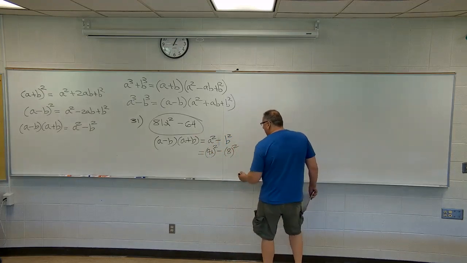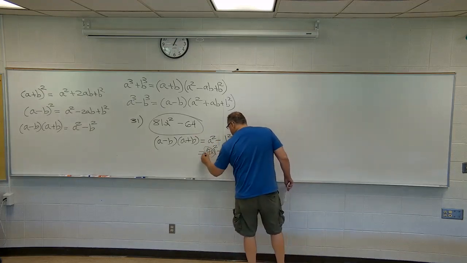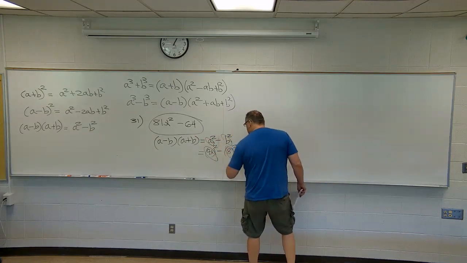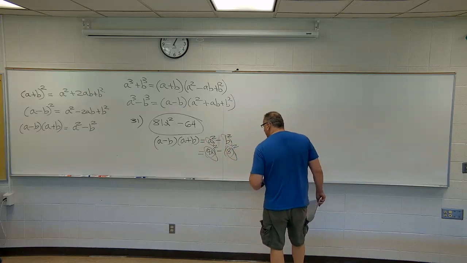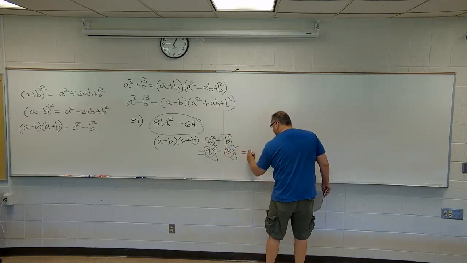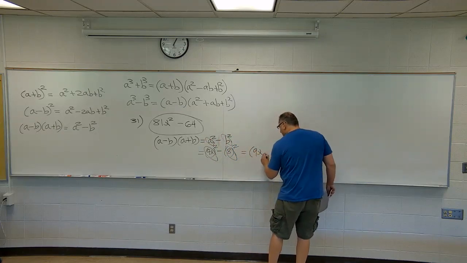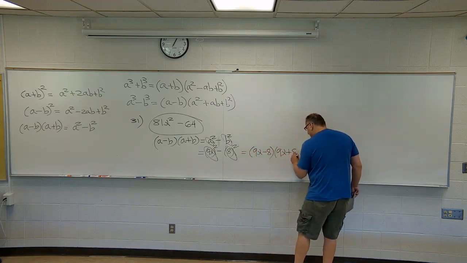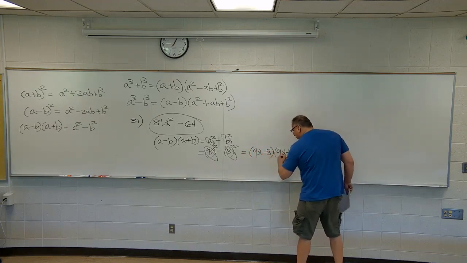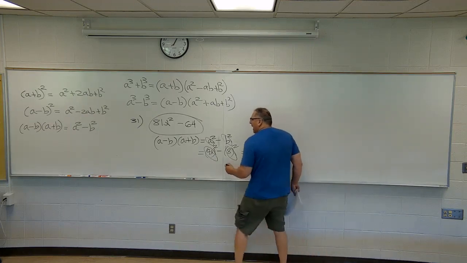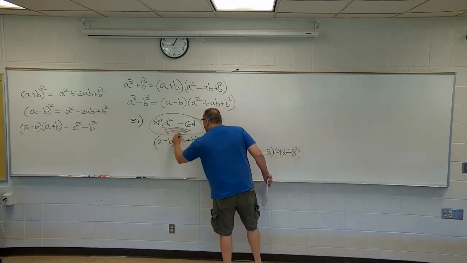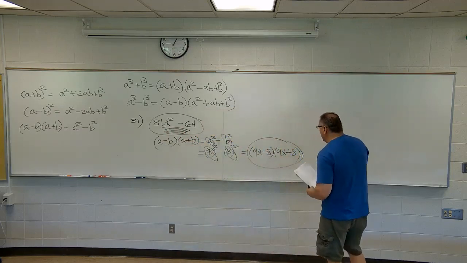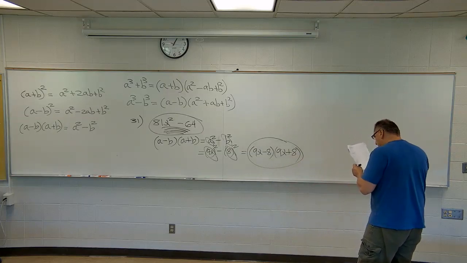Do you see something going on here? This 9x looks a lot like a, and this 8 looks a lot like b. That means the quantity a minus b times the quantity a plus b. If you FOIL this out, ladies and gentlemen, I promise you're going to get that.